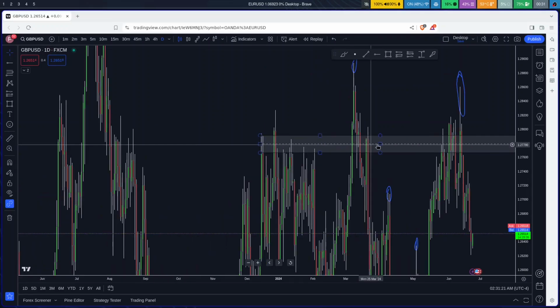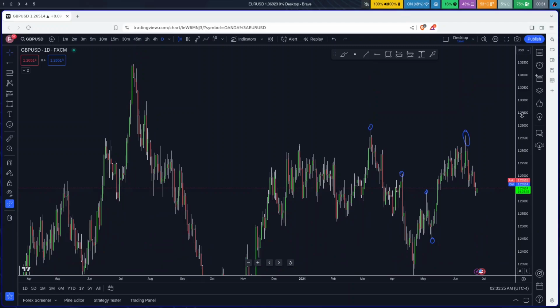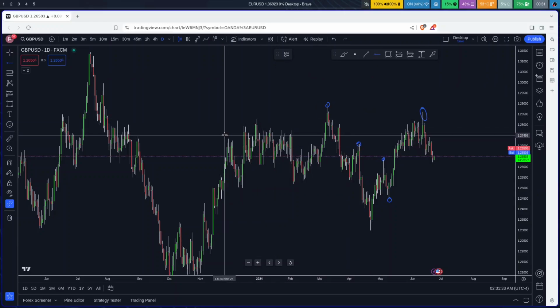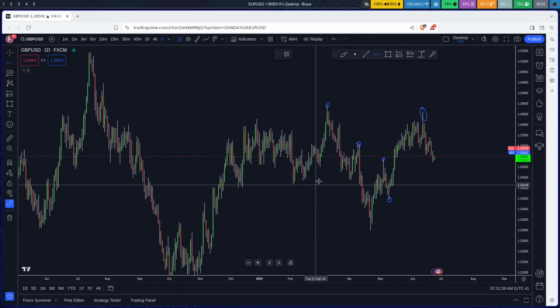What I actually propose is using a line. It's a lot more accurate. It allows you to pinpoint your entries, and we're also going to do something with it in our next video. So that's going to be part of the strategy. For now, we just want to focus on finding these levels consistently.